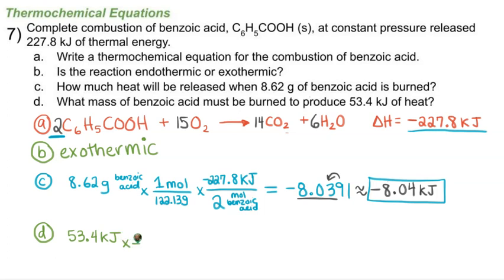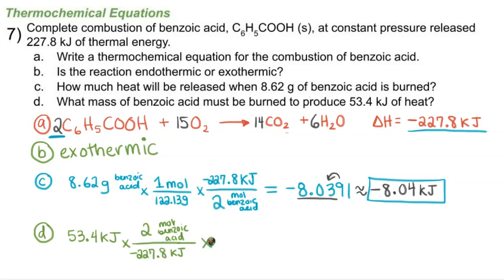So we're kind of doing this dimensional analysis in reverse. We're starting with kilojoules to the moles of benzoic acid. So we know that 2 moles of benzoic acid liberate 227.8 kilojoules.